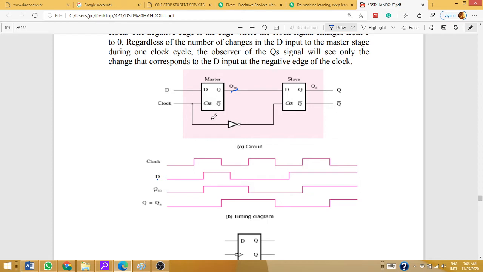So whenever the low level of the clock is here, it will become high level, and then it will work. So now we are interested in the clock low level. We are discussing the slave now, so we are interested in the low level of the clock.